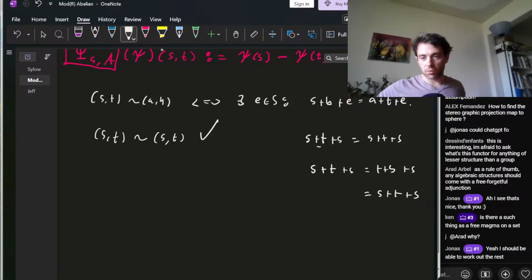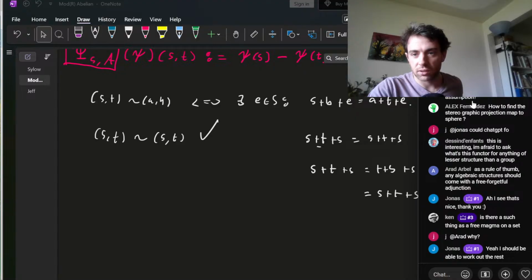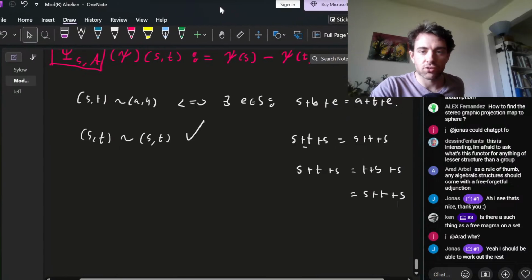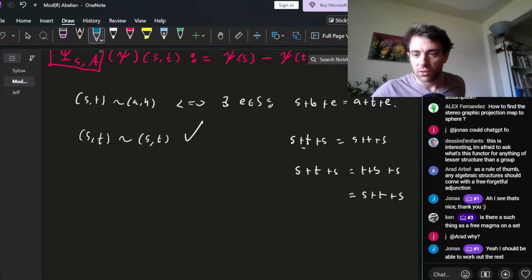Yeah, and then I don't remember who asked the question, but probably this is enough for you to see the rest. Work out transitivity for yourself, which is always the hardest case. To be fair, it's always transitivity, associativity. Those are always the hardest ones.